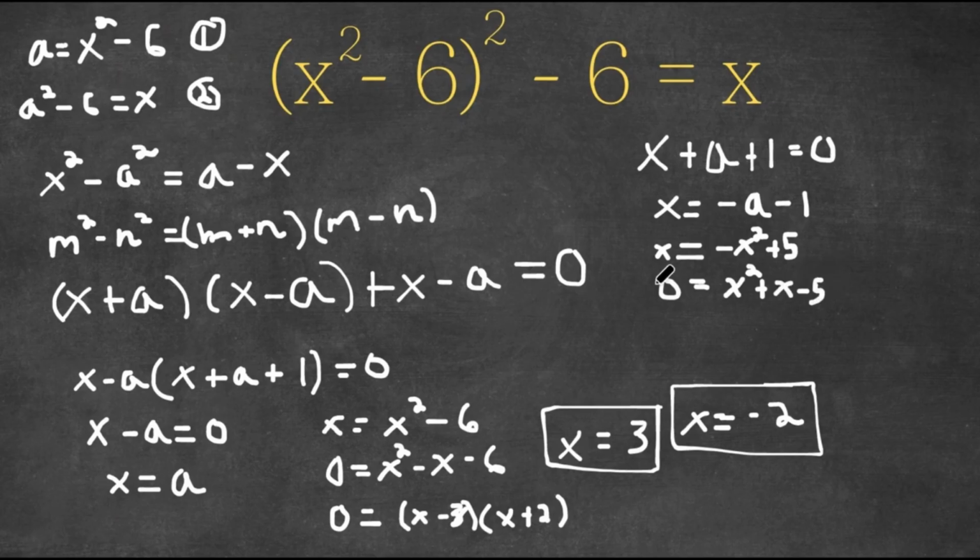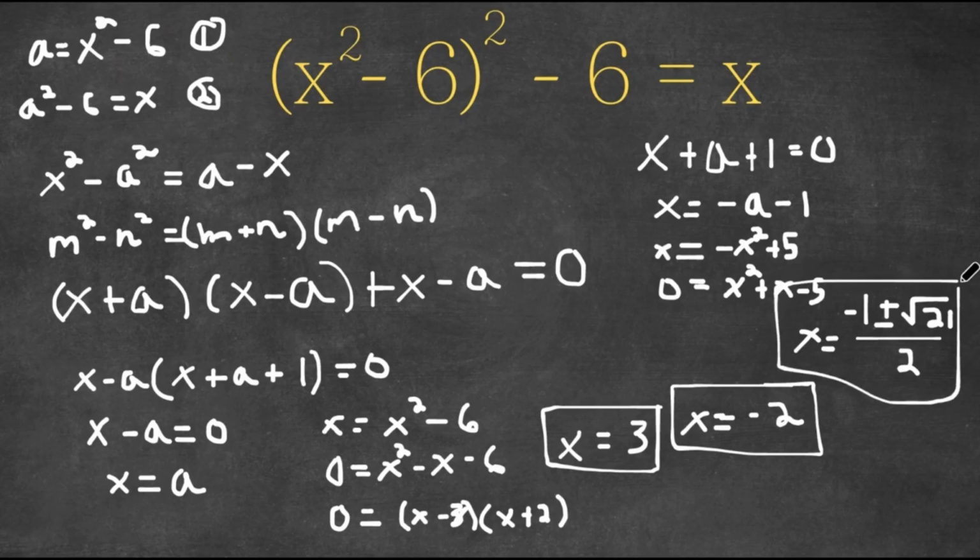And if we plug this into our quadratic formula, we get negative 1 plus or minus the square root of 21 over 2. So these are our two other solutions. We have negative 1 plus the square root of 21 over 2 and negative 1 minus the square root of 21 over 2.